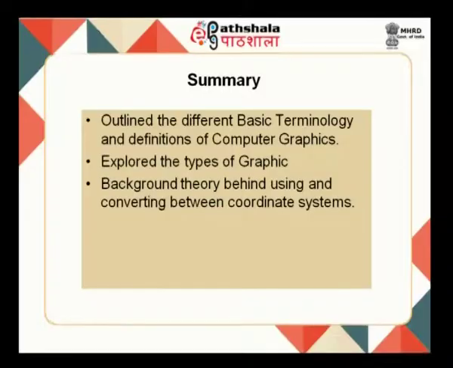So, with this we come to the summary of what we have learned. Let us take a recap of what we have learned today in this session. We have talked about some of the basic terminology, very important as far as graphics is concerned. We have learnt about definitions like pixel resolution, pixel dimensions, resolution. We have learnt about coordinate systems.